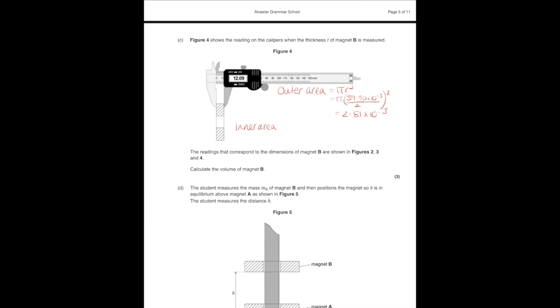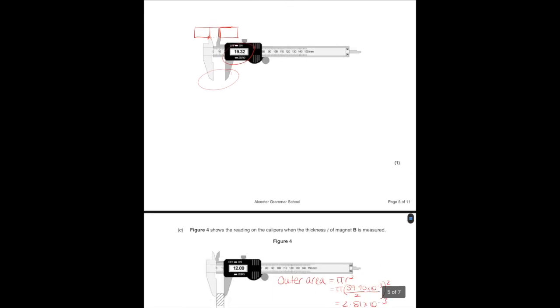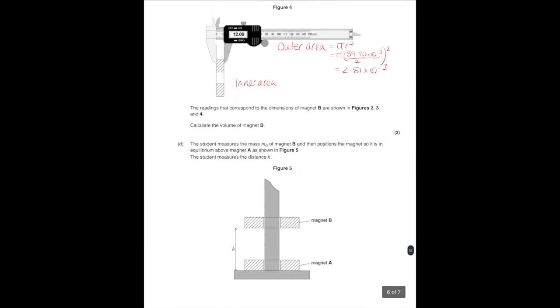You do the same then for the inner area, the area of air, if you like, in the middle, and that was done using the value that we had here of 19.32. So you do the same process there, 19.32 times 10 to the minus 3 over 2 squared, and that then came out at 2.93 times 10 to the minus 4 meters squared.